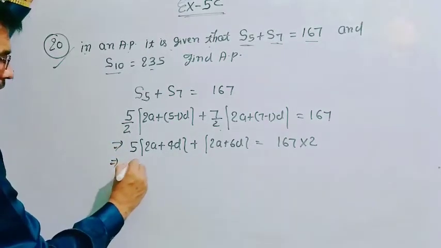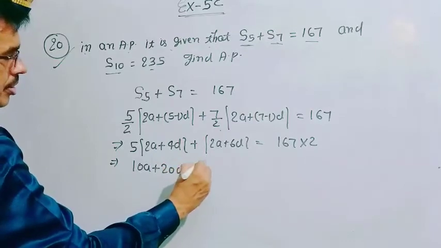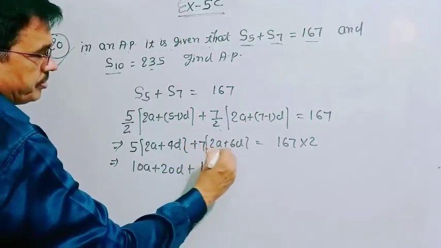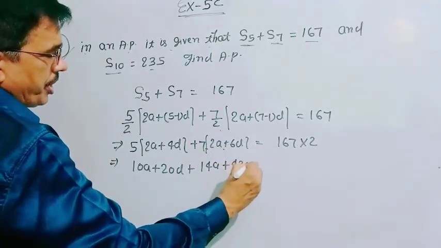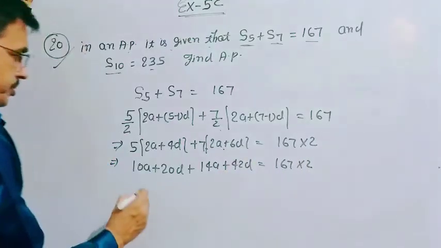Now here 10a plus 20d plus 14a plus 42d is equal to 167 into 2.